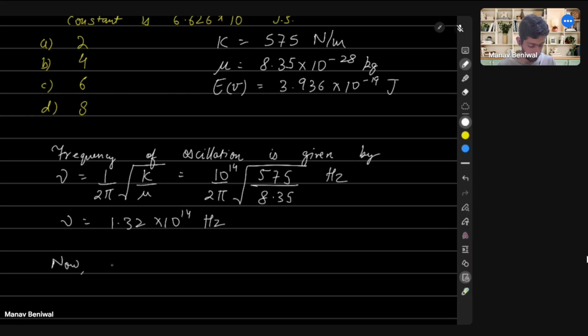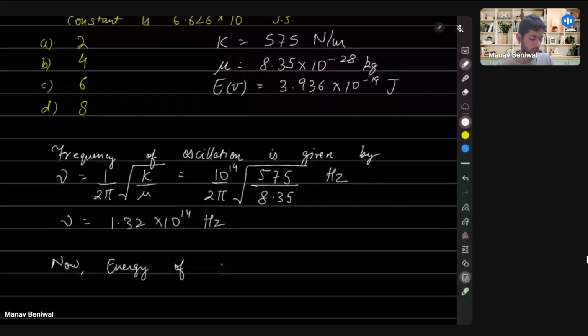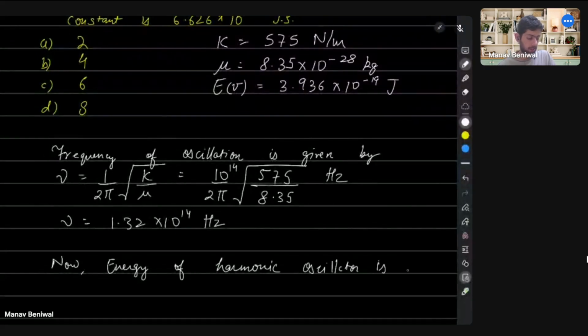Now the energy of a harmonic oscillator is given by E for any quantum number V. This is nothing but h nu times V plus half.